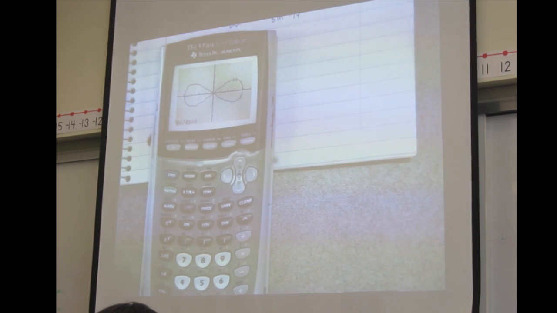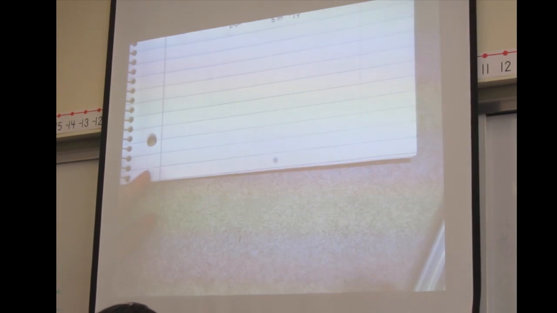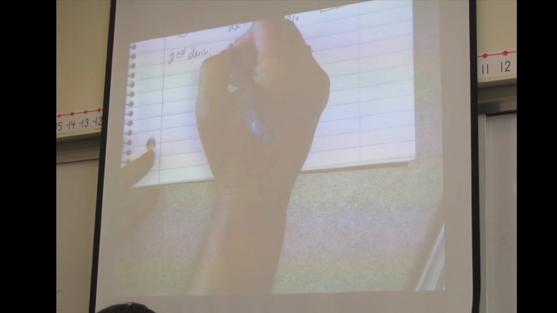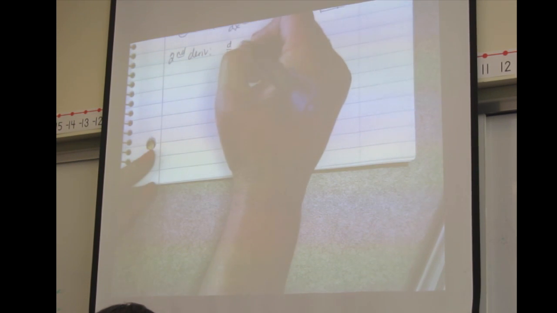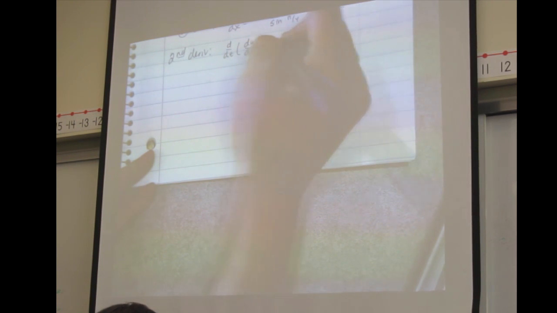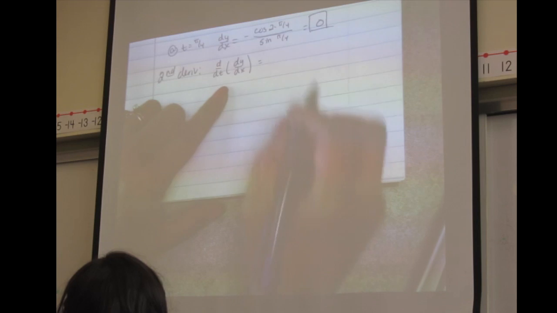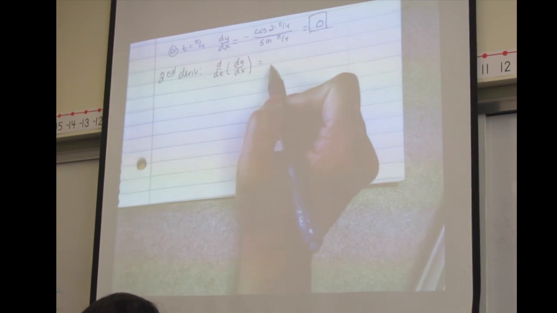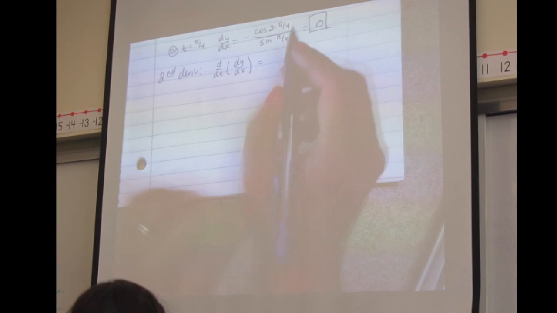And we can actually see that. So for concavity, we need the second derivative, right? So we can do the second derivative on this. So we want the derivative with respect to t of dy dx. Right? Again, chain rule on this. If I want the derivative with respect to t, I'm going to do the derivative with respect to x first.